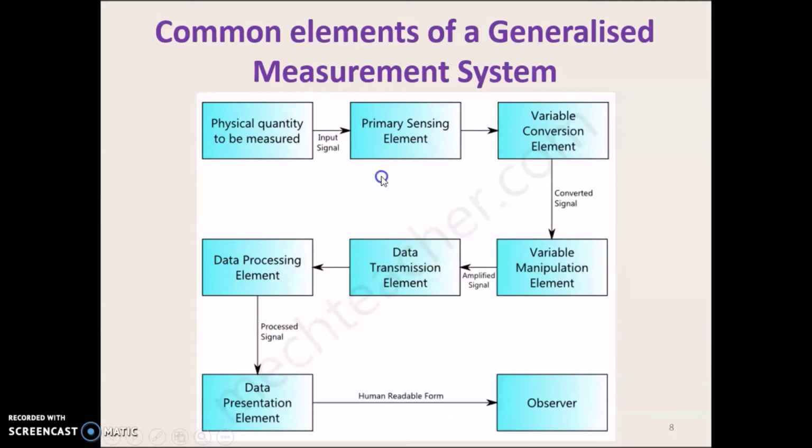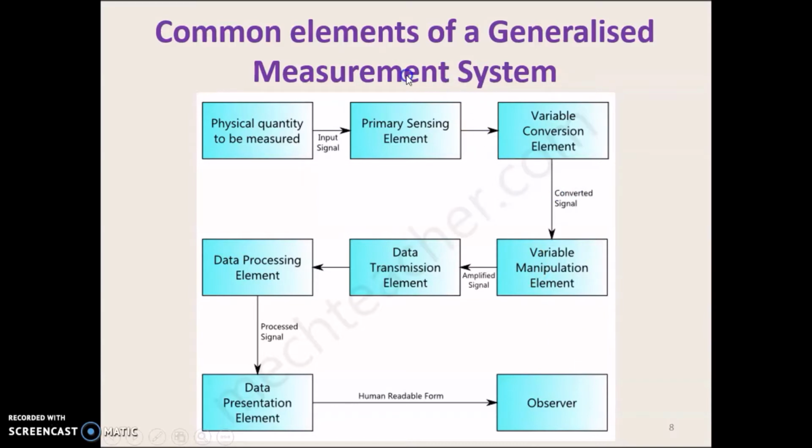Please make a note that these 6 elements should not necessarily be in the same order which is mentioned here. Some measuring instruments might have 2 or 3 data processing elements, might have 2 or 3 data transmission elements, might need 2 or 3 variable manipulation elements, and might need 2 or 3 variable conversion elements also.